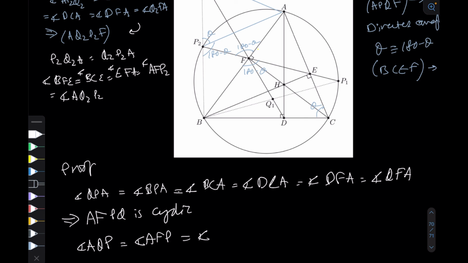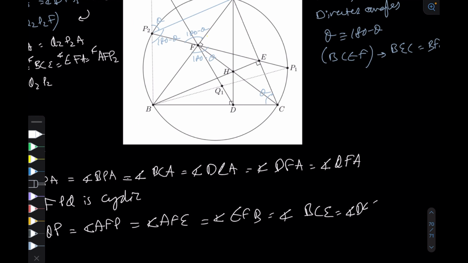This must be equal to the directed angle AFE because they lie on a straight line, which is the same as angle EFB because same line, which because of the cyclic quadrilateral is equal to BCE, which is of course angle DCE.